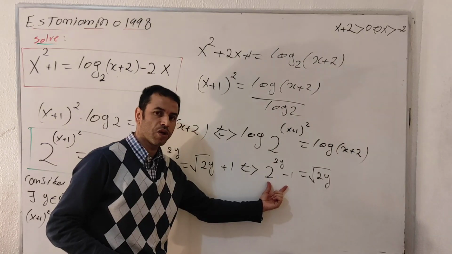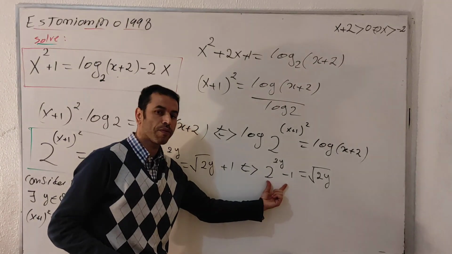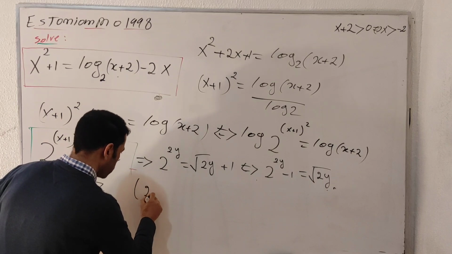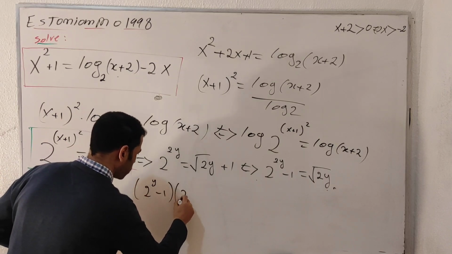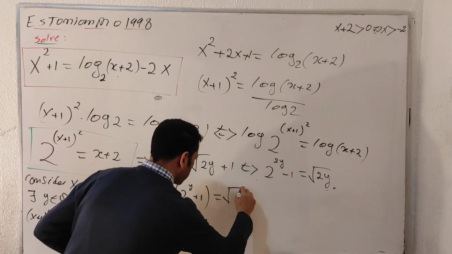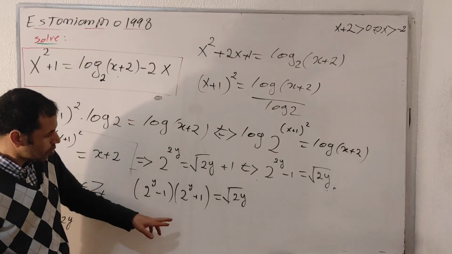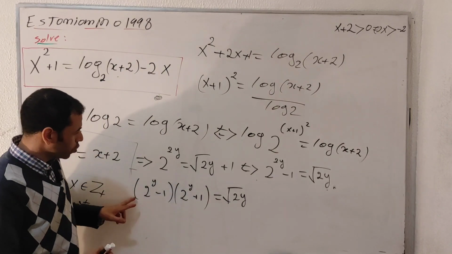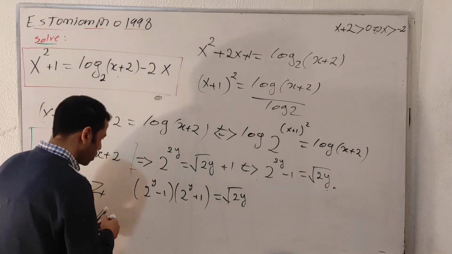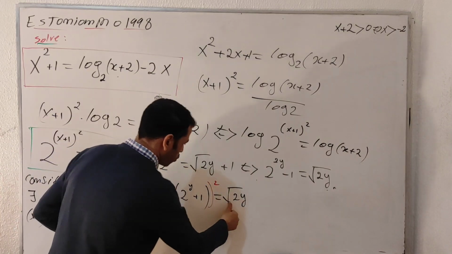The left hand side of this equation is in the form of a difference of two squares, so I'm going to transform it into a product. This gives me (2 to the y minus 1) times (2 to the y plus 1) equals square root of 2y. Now the next step, I'm going to square both sides and take off the square root.